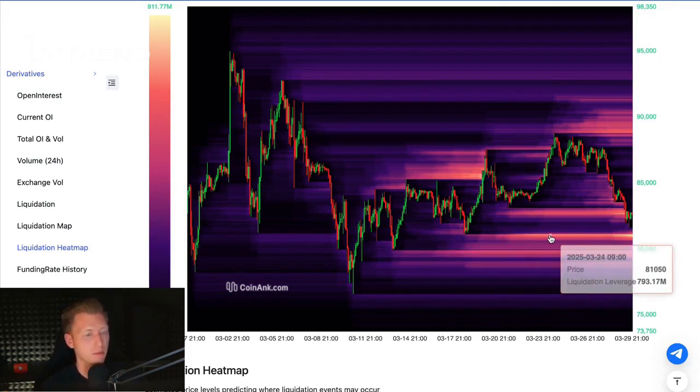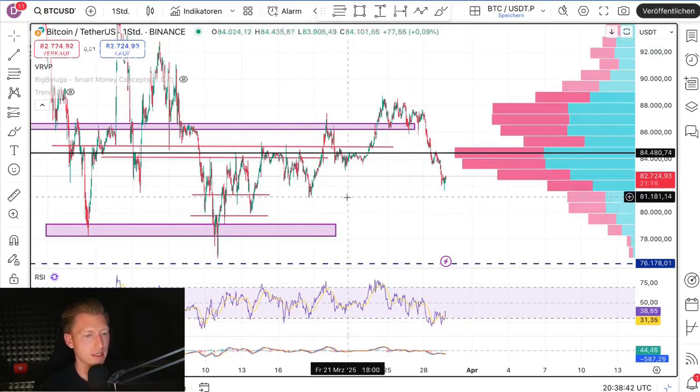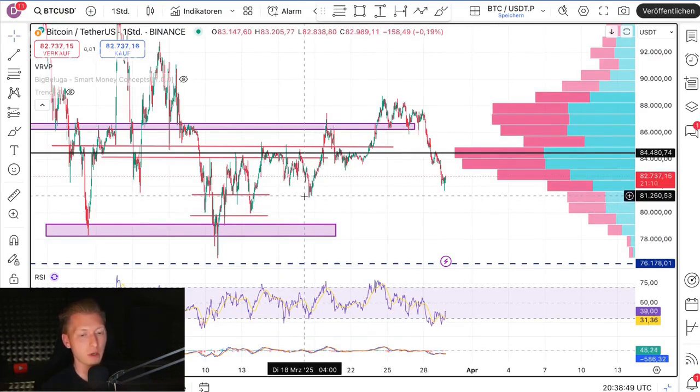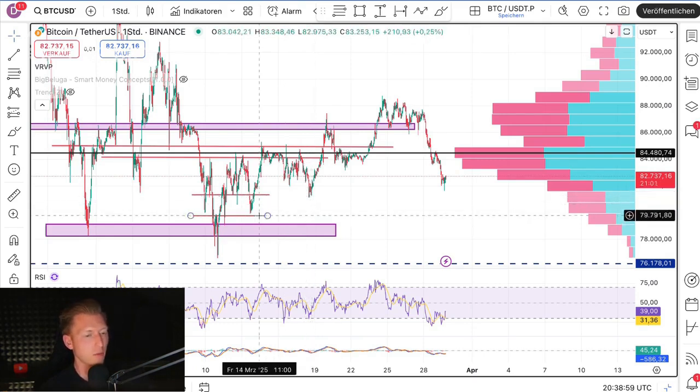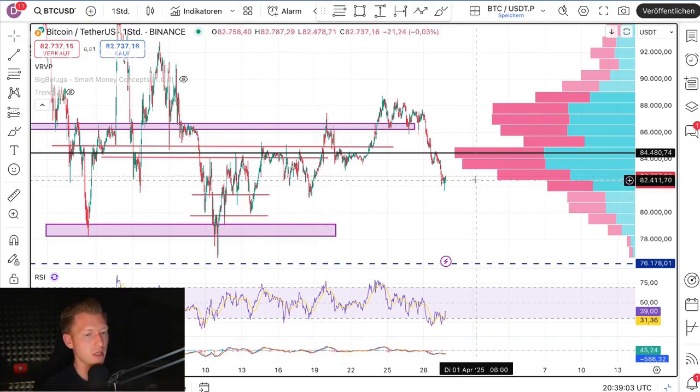Let's take a look at the 1 hour view of Bitcoin as it stands currently. I would strongly suspect that this area down here around 81,260, we would be very close to this liquidation zone, therefore possibly with a certain short dip downwards and then back up, similar to what happened here, that we will definitely target this area again.